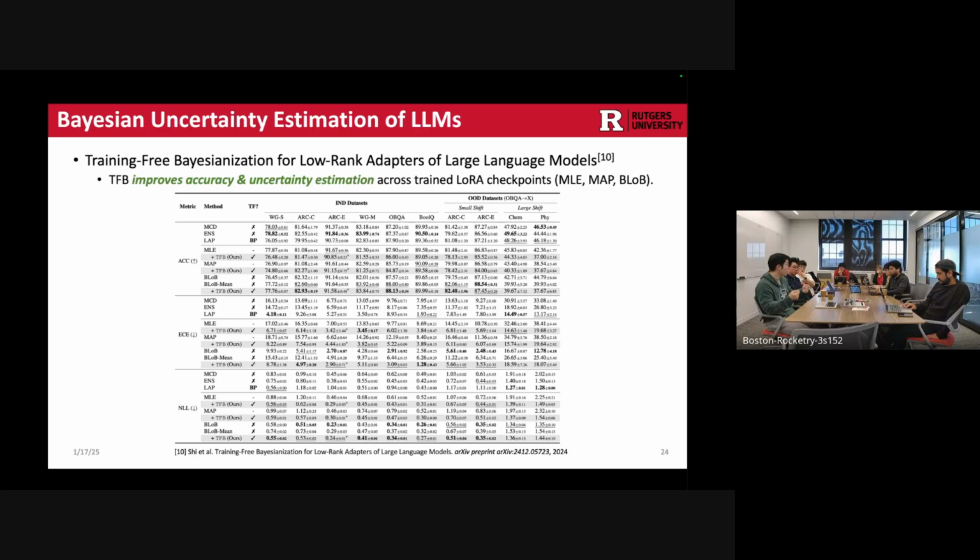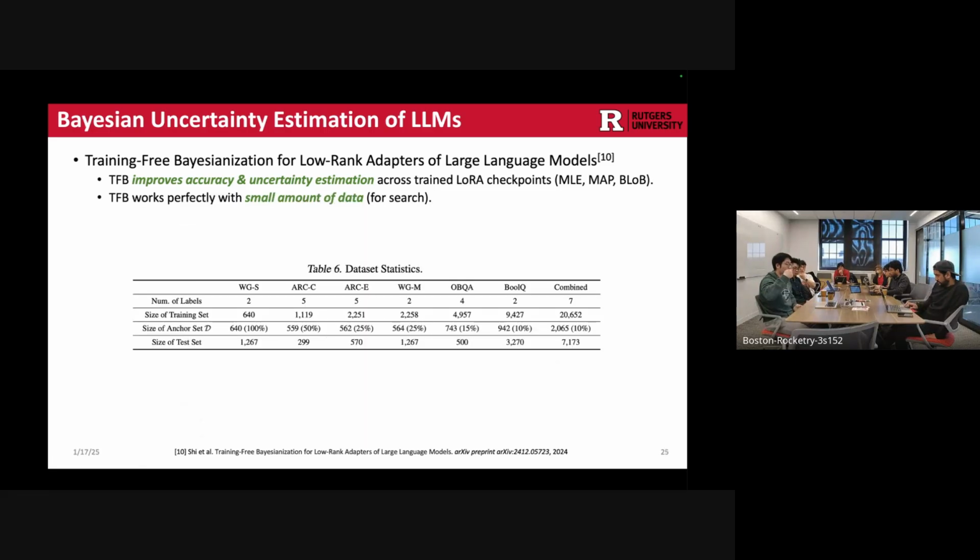So you can directly download those datasets and the LoRA adapters, and apply the training-free Bayesianization to them without training them, right? You just need to do a search, and then you have a Bayesianized model. You can just sample from this variational distribution. As you can see here, for different LoRA adapters, it works. There's always improvement, and sometimes it gives you the optimal ECE, which is the calibration error.